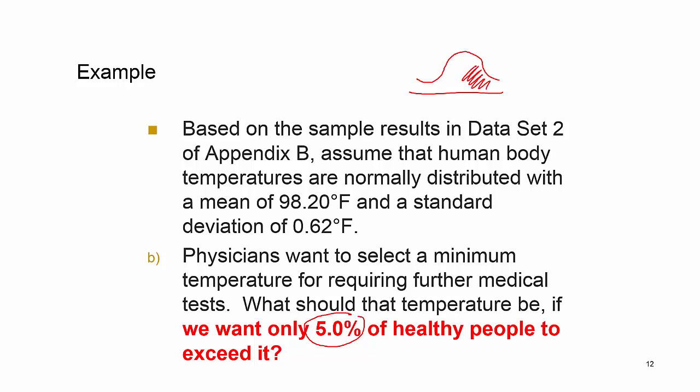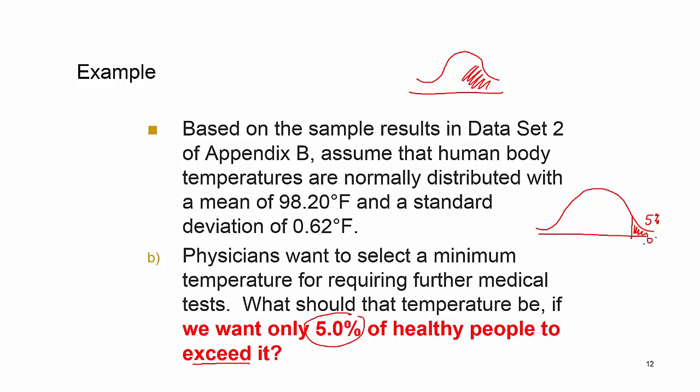So we have to look for a direction word to know, are we shading to the right or to the left? This is saying we only want 5% to exceed it. So in my normal distribution, I just want a tiny amount of people to exceed that temperature right there. So that's my sketch.